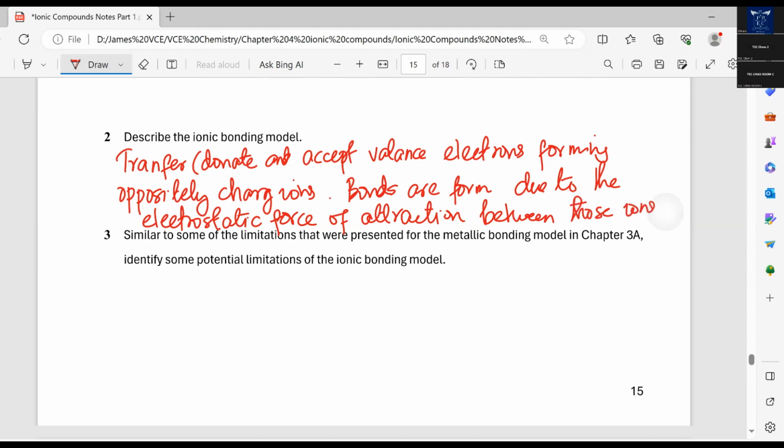So this is basically your ionic bonding model.